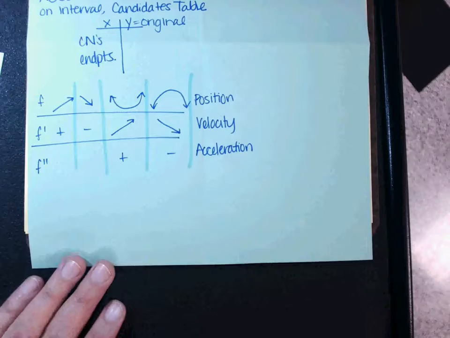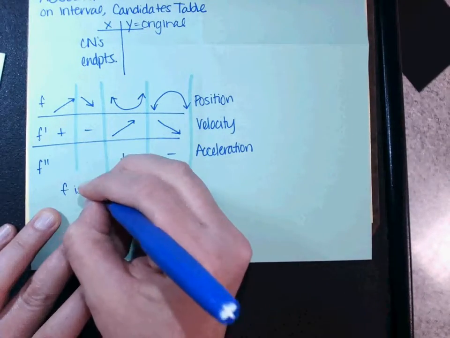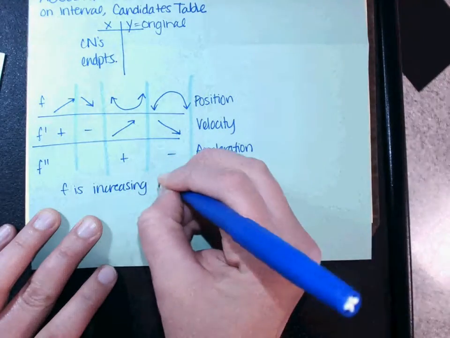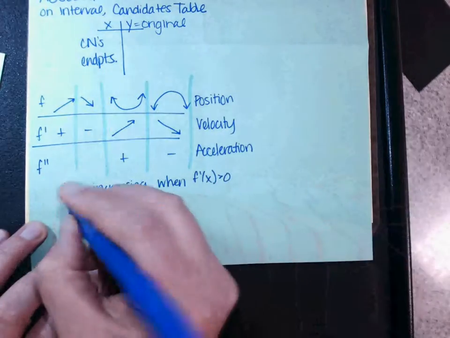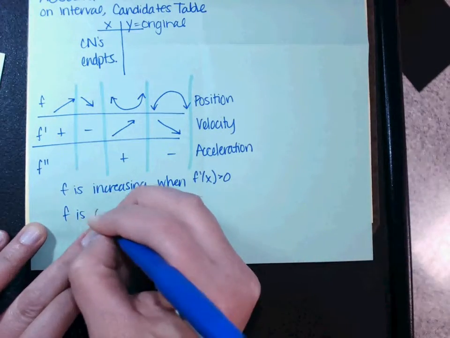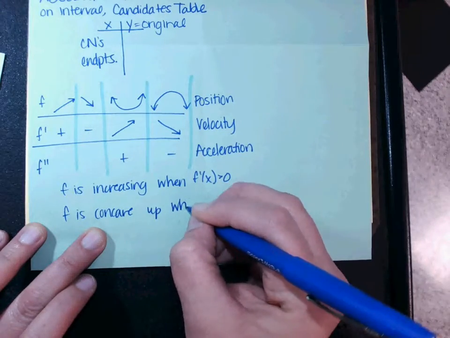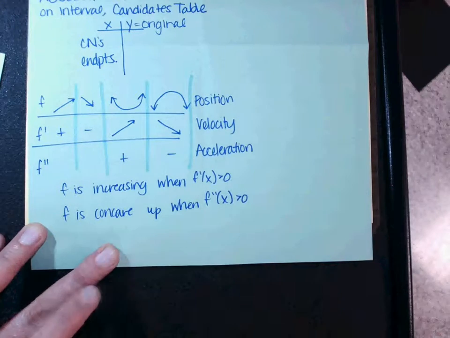Just some other really basic definitions that we're going to scribble down here at the bottom. Remember that f is increasing when f prime is greater than 0, and f is concave up when f double prime is greater than 0.